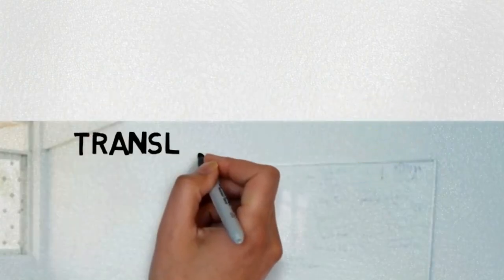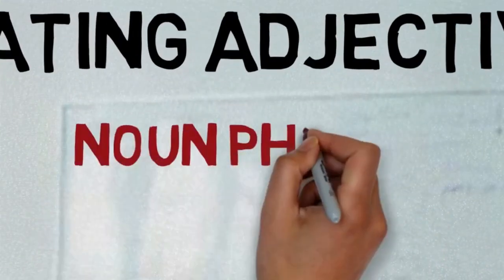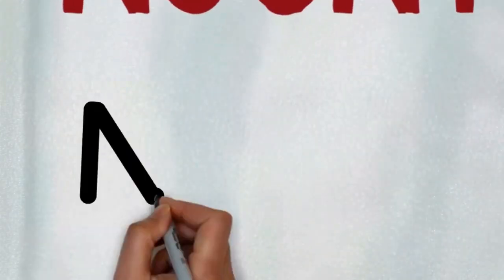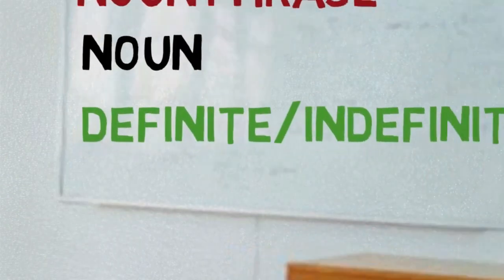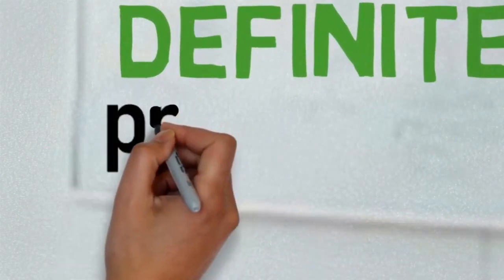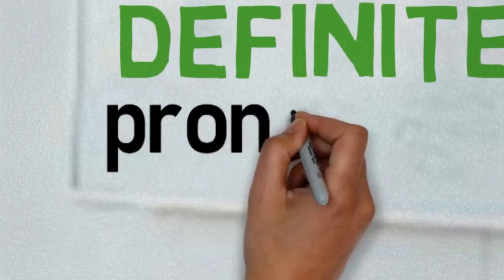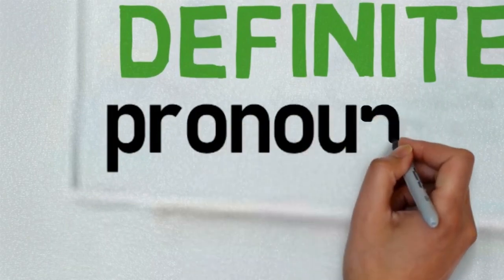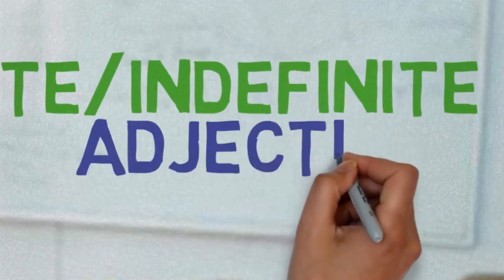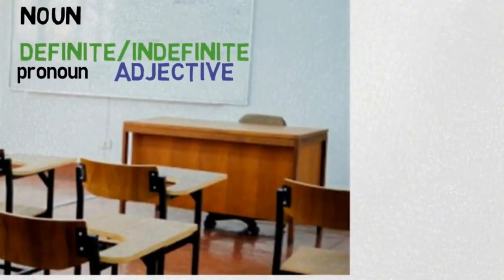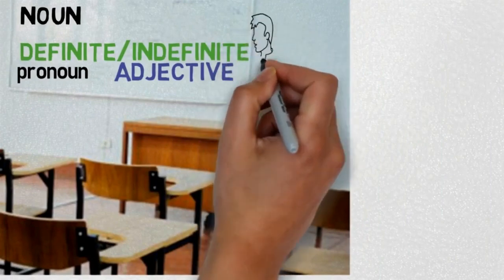We have discussed how to translate the main components of the first part of speech, the noun or noun phrase. We talked about how to translate the types of nouns, definite and indefinite articles, and pronouns that could replace nouns or noun phrases. Another component that is related to the noun is the adjective.